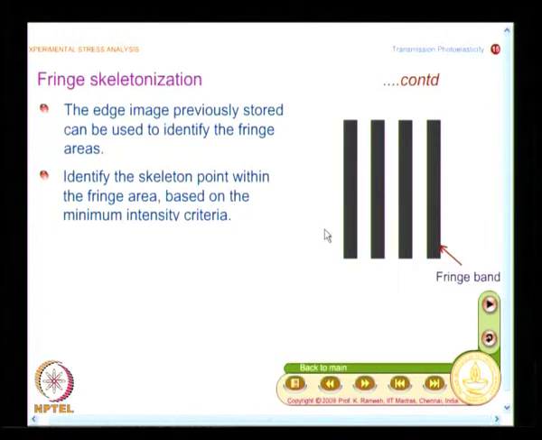Now, I have a very simple fringe band, and I am sure when I have this as vertical, you can think of a beam under bending kept in a vertical direction, and you can get fringes which are horizontal. Instead of horizontal, because I kept the beam vertical, I will have vertical fringes, and the fringe areas are easily identified. And if we want to pick out the minimum intensity point, it is enough I scan it horizontally.